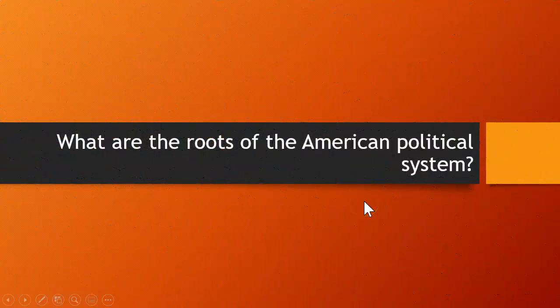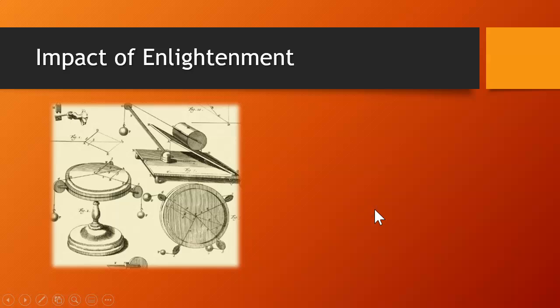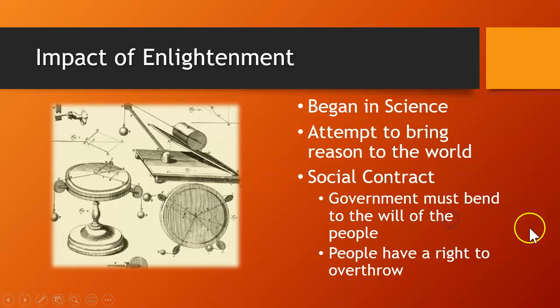Okay, now the next thing that I wanted you to learn, moving more specifically to the United States: what is our government? Okay, we have a government that was influenced by the Enlightenment, which you learned in the 9th grade.